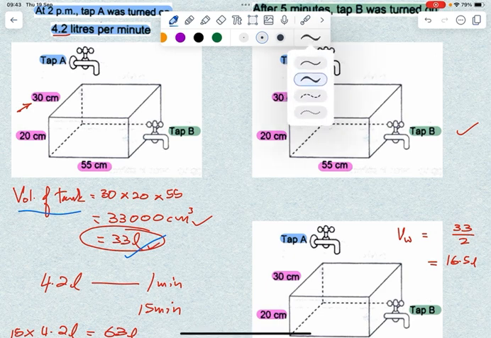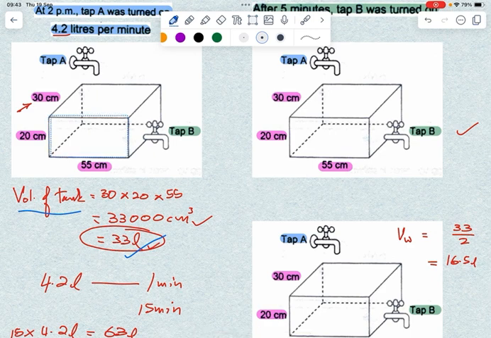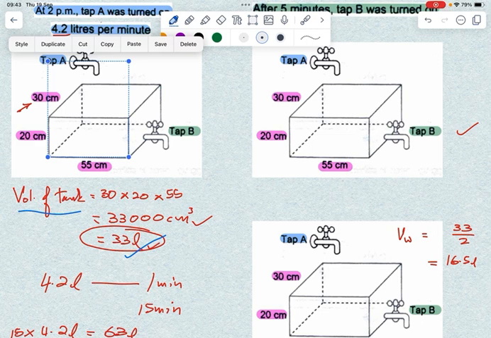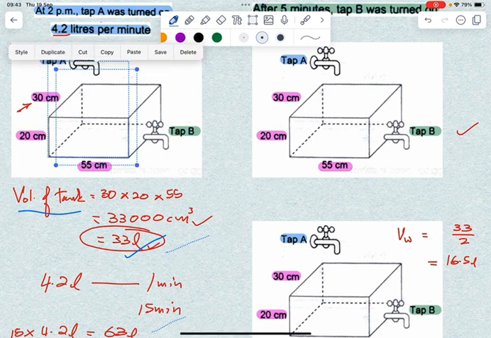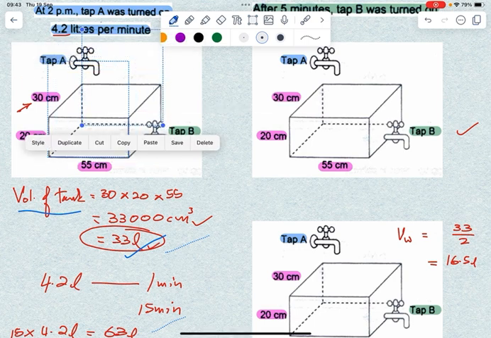Let me just show you some visual. Imagine this is the water of the tank, 33, and after 15 minutes without tap B turned on, it will be more than double, in fact, correct? 63 and 33, more than double. Duplicate that. Imagine the water can stack up. Of course, it's not like that.